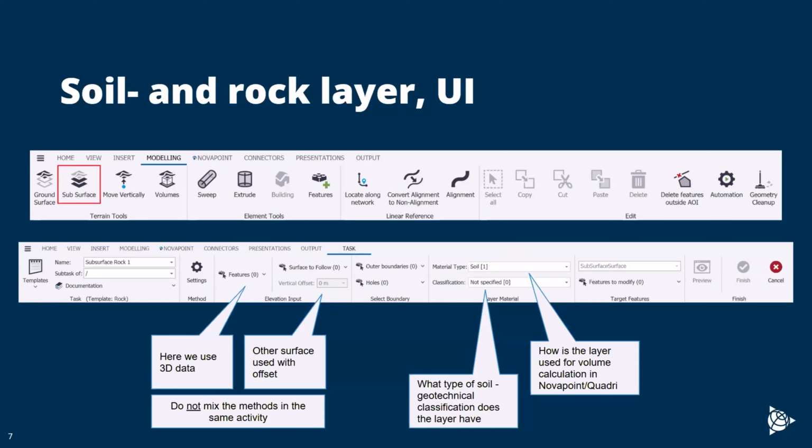So we can have several layers with the same material type, for example, soil 1 in the model, but they have different classifications. So separating them with classification will give the correct volume of the different layers.